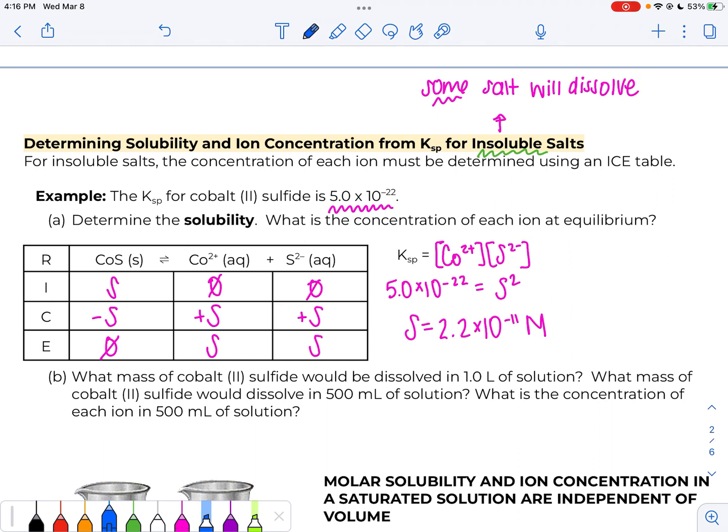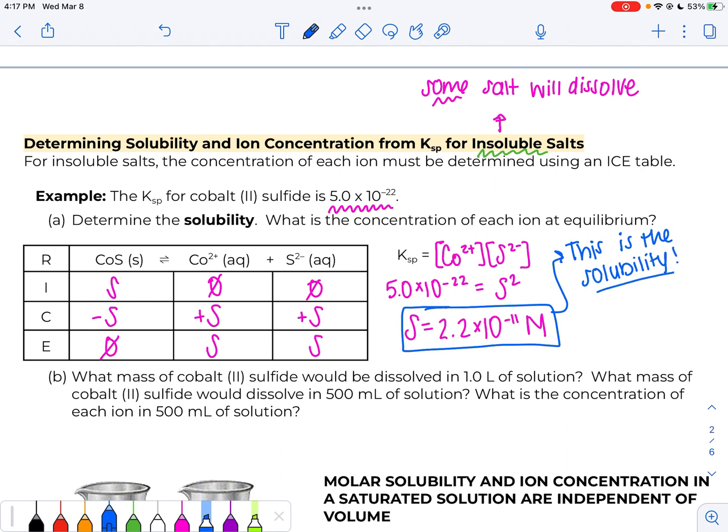So what does this value actually represent? This represents our solubility. So this is our maximum amount of salt that can dissolve. Coincidentally, because the concentration of cobalt and the concentration of sulfide are both equal to S, this is also the concentration of our ions at equilibrium.